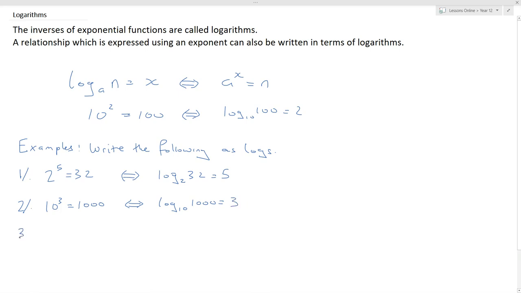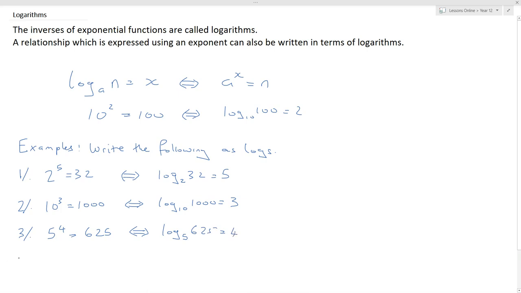Example 3, same again. Press pause. 5 to the power of 4 is equal to 625. Equivalently, you can say log to the base 5 of 625 is equal to 4.